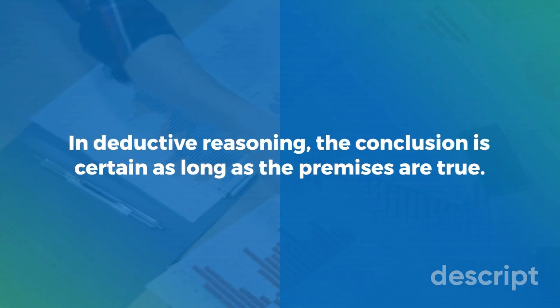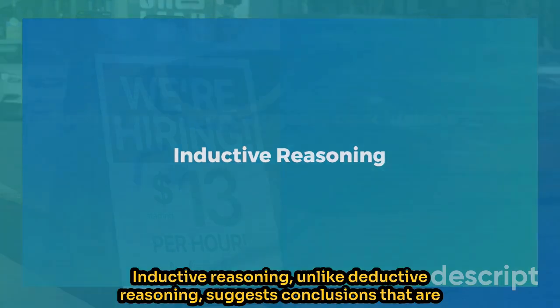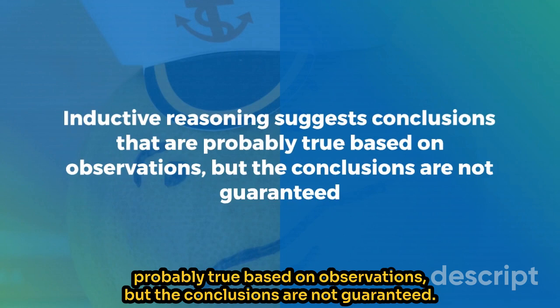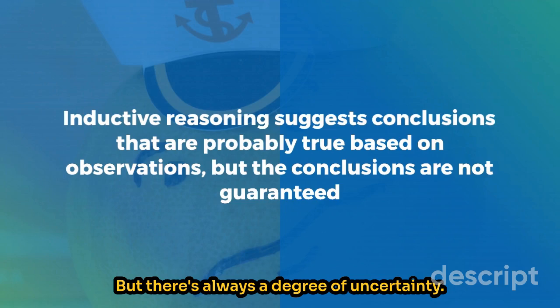Now, moving on to inductive reasoning. Inductive reasoning, unlike deductive reasoning, suggests conclusions that are probably true based on observations, but the conclusions are not guaranteed. Essentially, inductive reasoning helps us form generalizations, but there's always a degree of uncertainty.